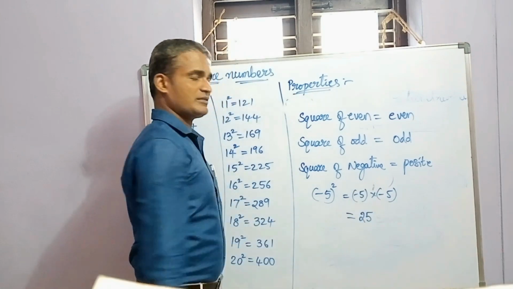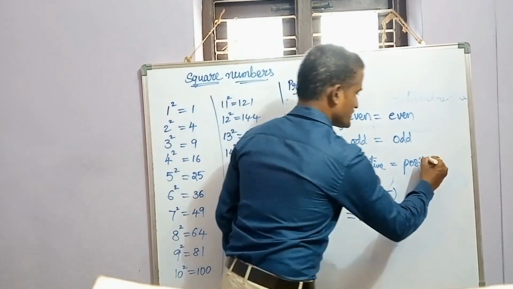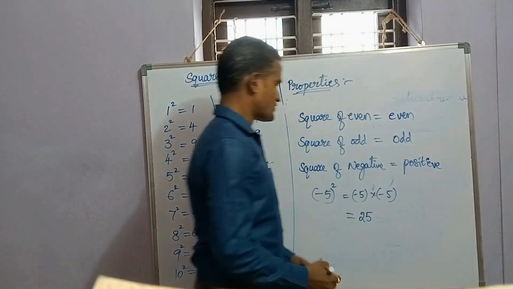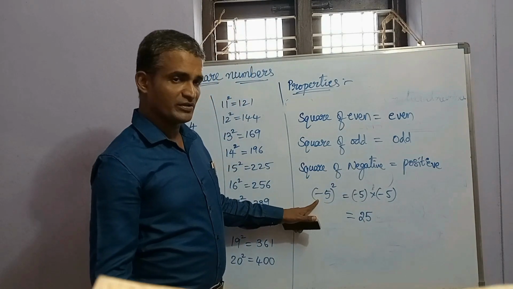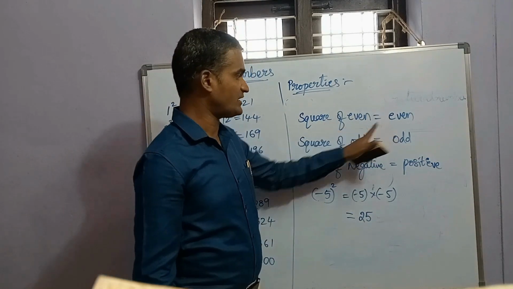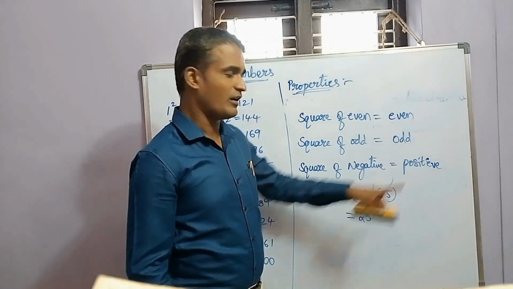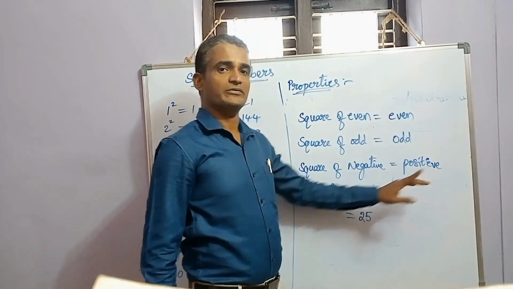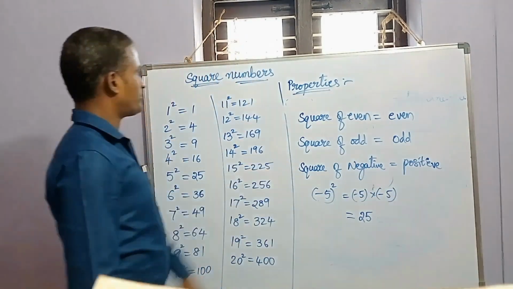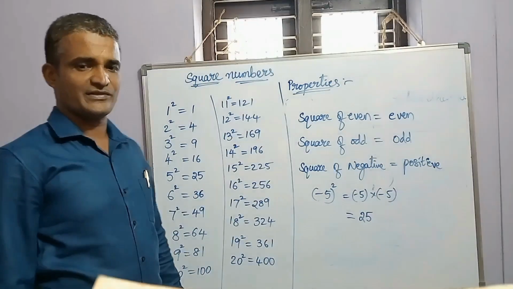This is the square of that. So you got positive. Okay. So here the square of any even number is even. The square of an odd number is always odd, and the square of a negative number is always positive. So these are the properties and these are the square numbers.